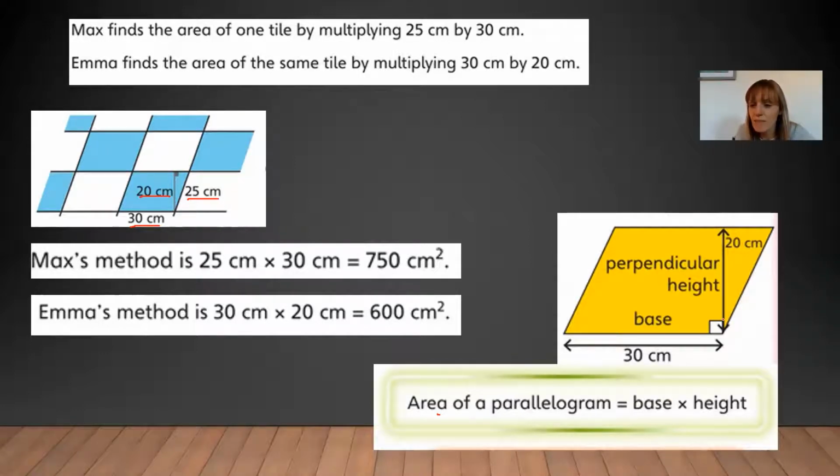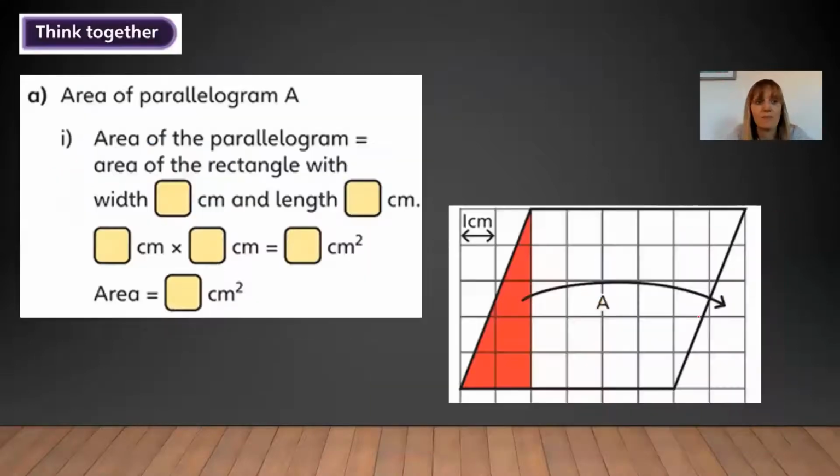So this line meets the baseline at a right angle. So actually, when we're working out the area of a parallelogram, this width line of 25 centimetres, we just don't need it at all. It's only the base and the height that we need.